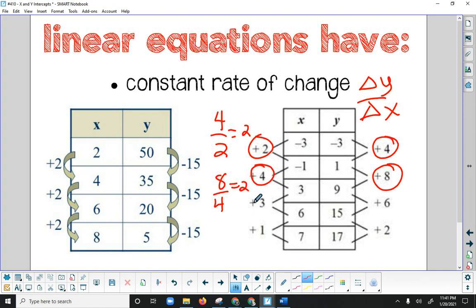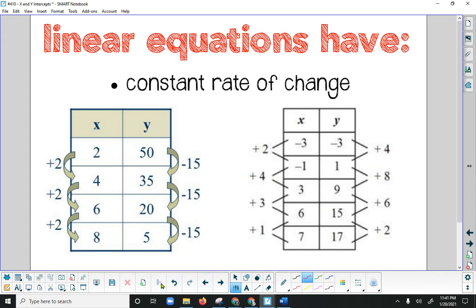So although the pattern looks like it's changing, it's actually not. 4 over 2, 8 over 4, 6 over 3, 2 over 1, they're all the same. So that is a constant rate of change. Therefore, that table is linear.